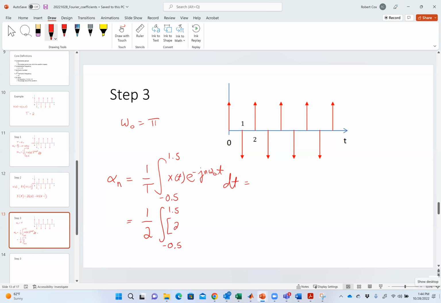X of t is 2 delta of t minus 2 delta of t minus 1, times e to the negative j n omega naught t dt.